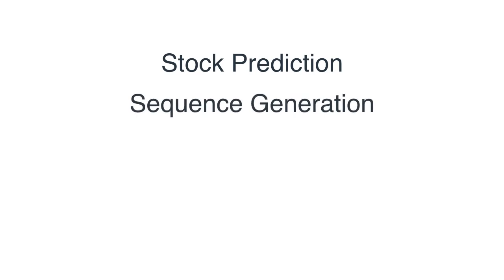Things like sequence generation. So anywhere where your data follows a sequence, like text generation, if you're trying to guess the next word in a sentence, like when you're typing on your phone and the phone guesses the next word, that depends a lot on the previous word and on the word before. Or even for letters, if you're trying to guess the next letter, that depends a lot on the letter that just happened.